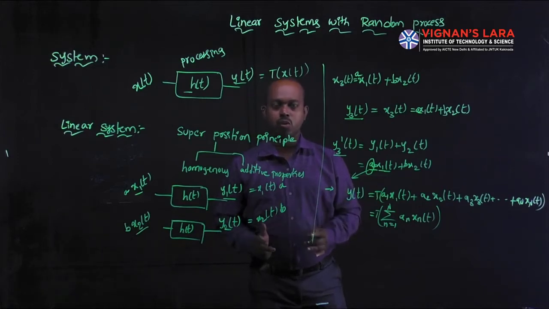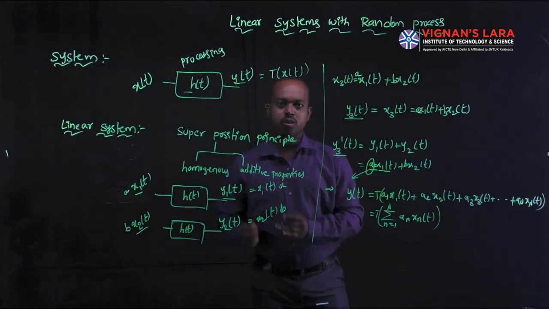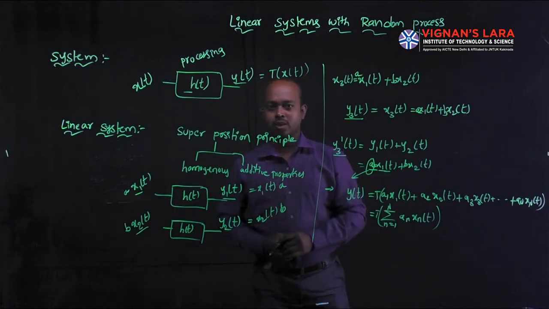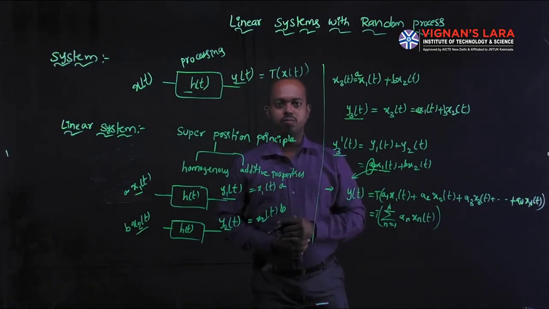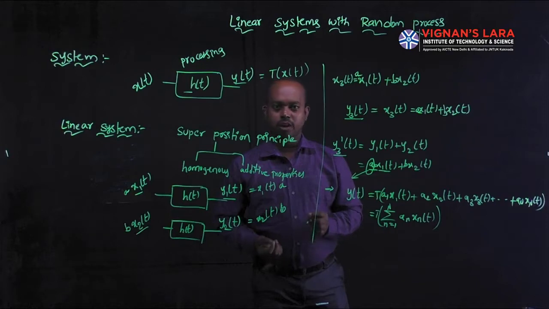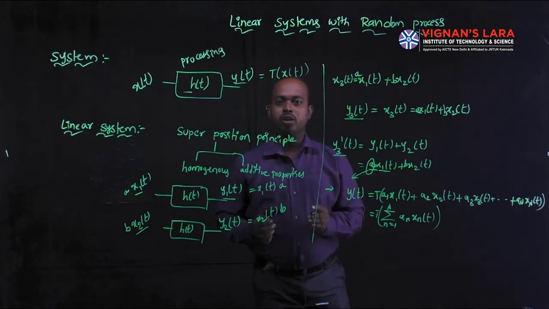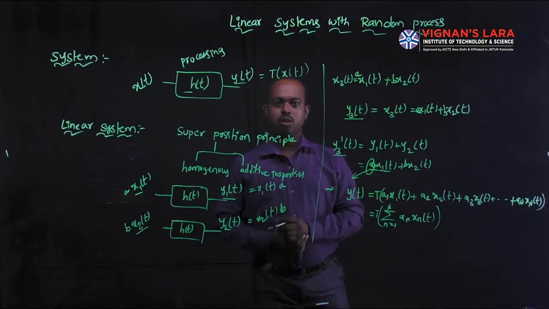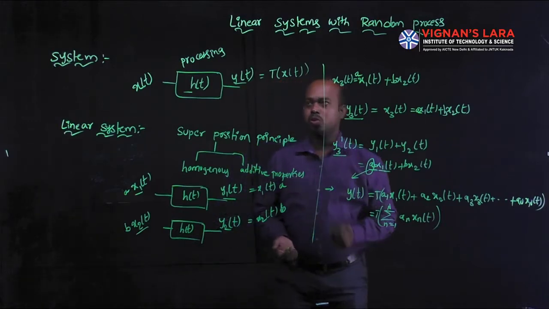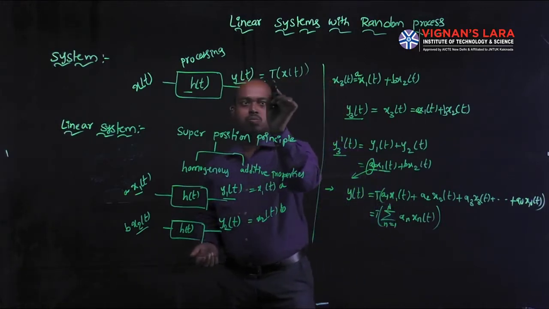A linear system means a system satisfying the superposition principle. The system response is defined as a weighted sum of its input signals. The system response we always write as a transformation of the input.